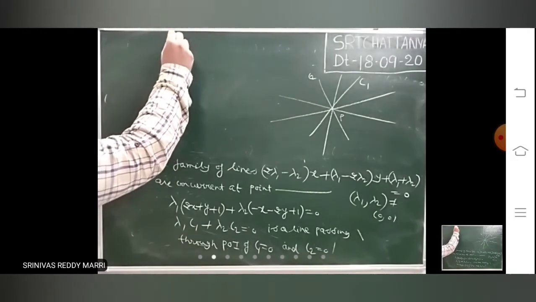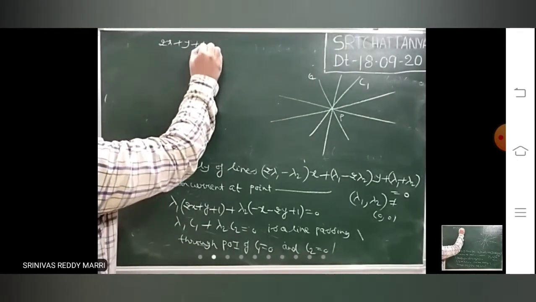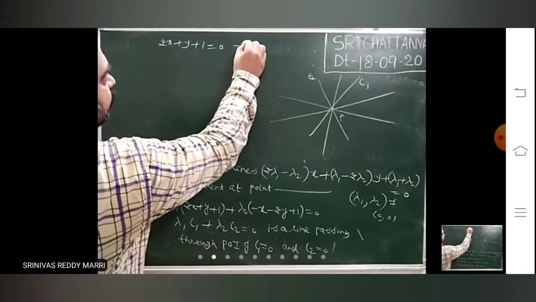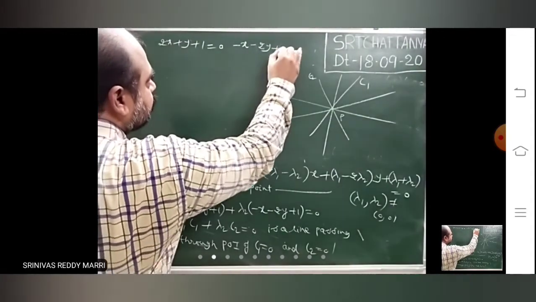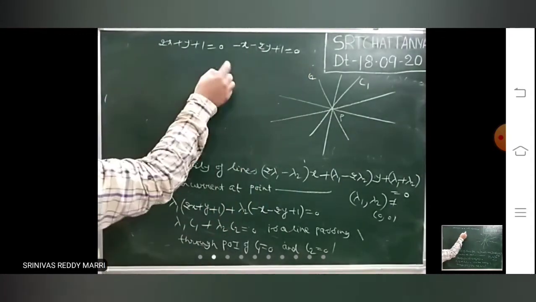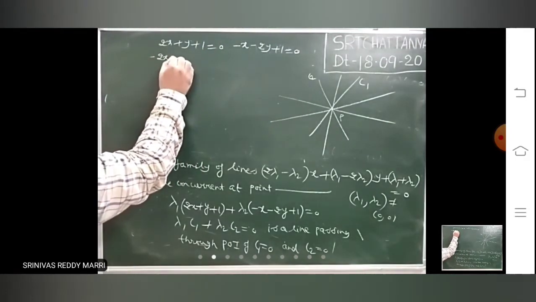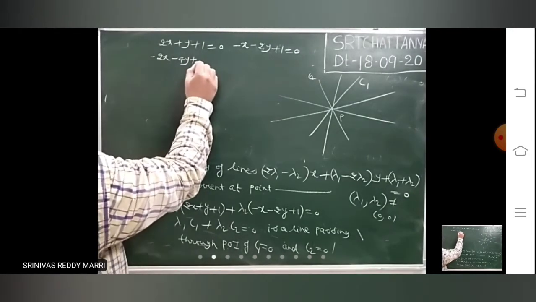That means you solve this: 2x plus y plus 1 equals 0 and minus x minus 2y plus 1 equal to 0. Multiply with 2 and add these two. Directly you solve, easy only.